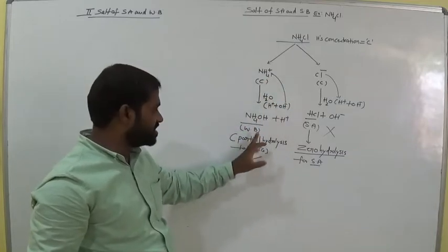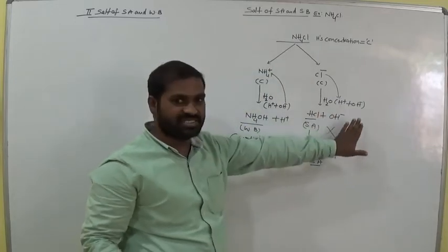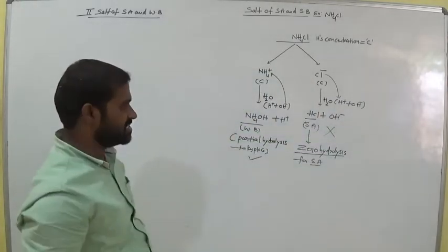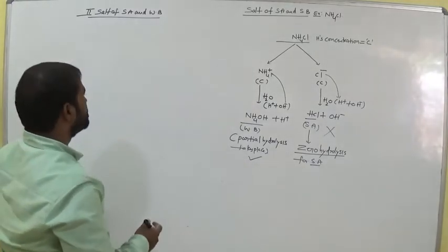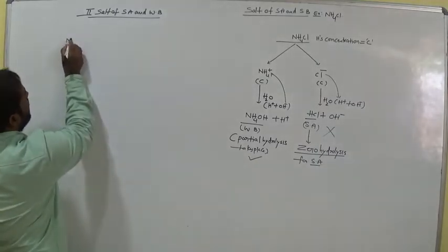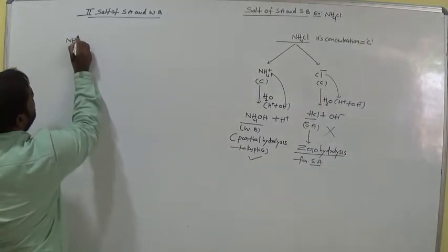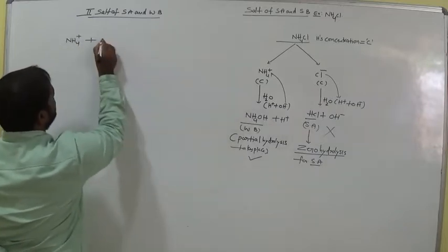It gives a weak base. Only this ion undergoes hydrolysis in this salt. This one doesn't undergo hydrolysis. Clear? Now I would like to take this expression. So what is that expression? NH4 plus undergoes hydrolysis.